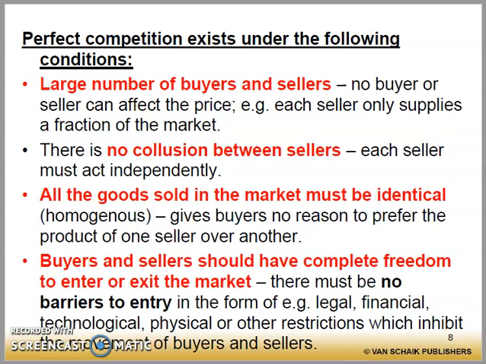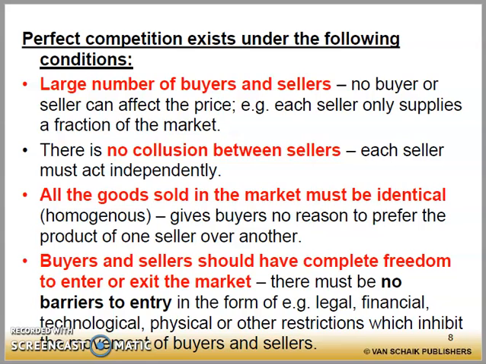So perfect competition will only exist if the following conditions are met. One, there must be a large number of buyers and sellers of the product. This means that the number must be so large that no individual buyer or seller can affect the market price. Each firm, for example, supplies only a fraction of the total market supply.